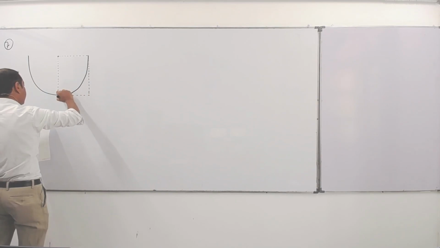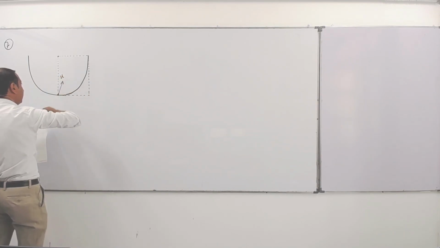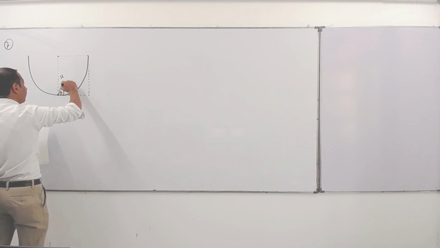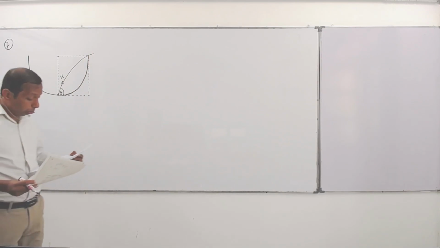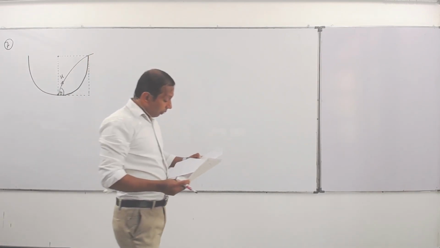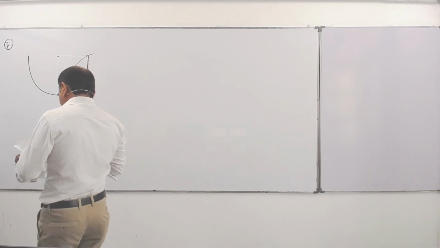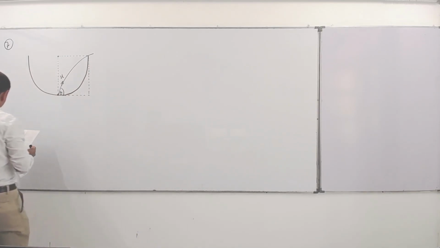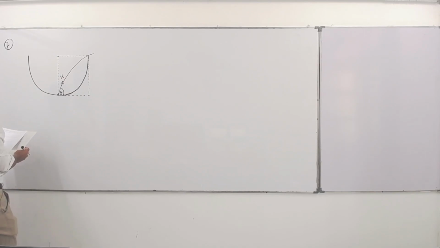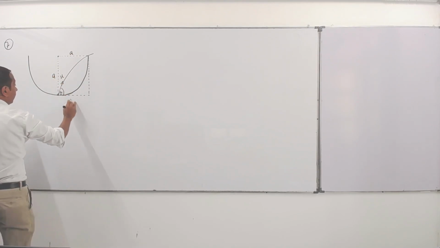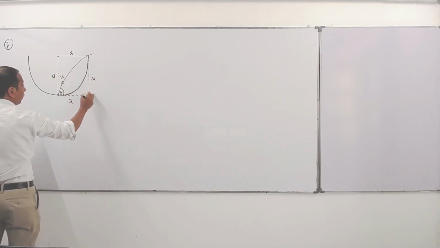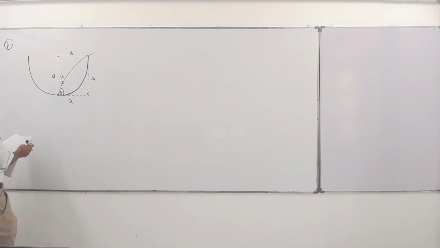Suppose with velocity u it jumps with an angle theta. This way it comes. Right. Now the radius of the ball we will take as simply A. Then this is A, this is A. Therefore, this is A. This is here 90. Right.